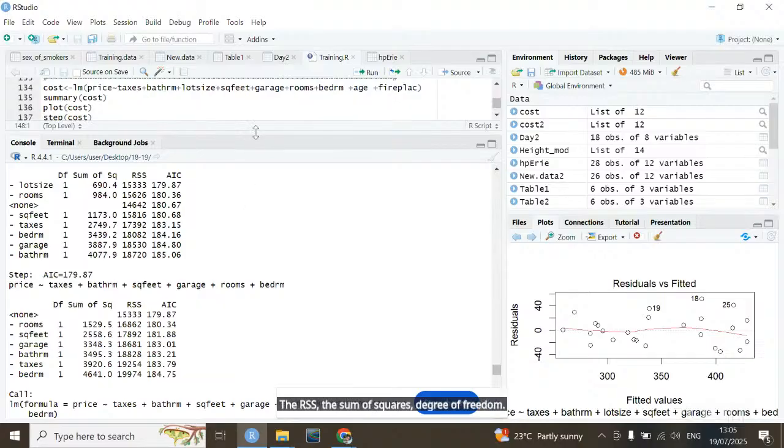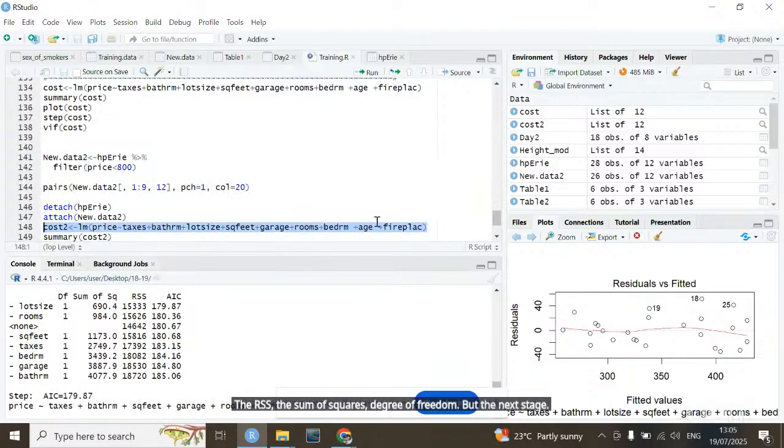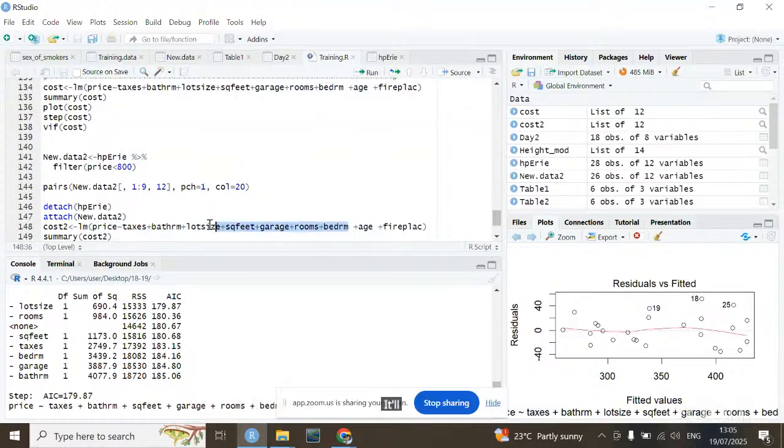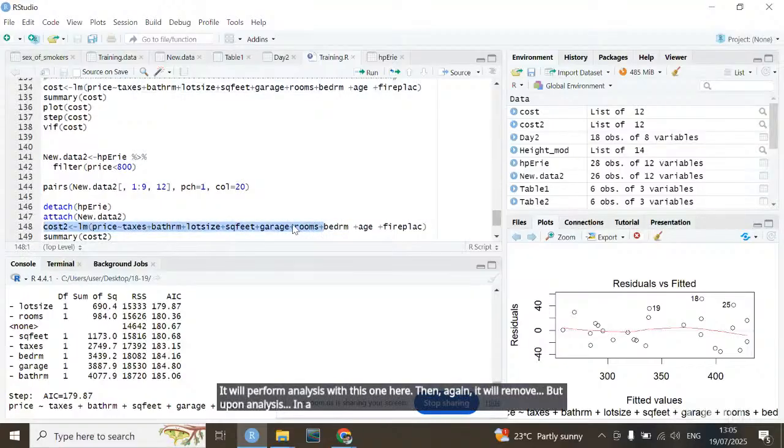But the next stage, it will remove this last one and perform the analysis with this. Then again, it will remove and perform the analysis in a descending order until it reaches only these two.